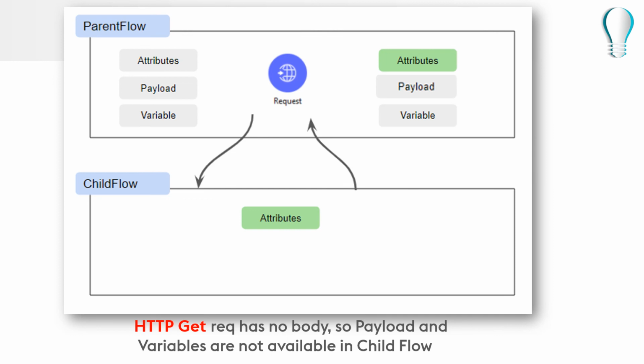So in your parent flow, payload and variable remain unchanged. But for attributes in the request, when you do an HTTP GET call, you have to generate new attributes while passing the request to the child flow. So here if you see, attributes is in gray and here it is green. So they have already changed here, and when you go back to your parent flow, your attributes would be the updated ones and not the old ones.